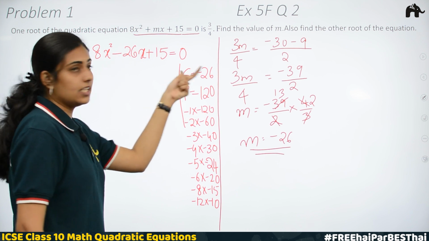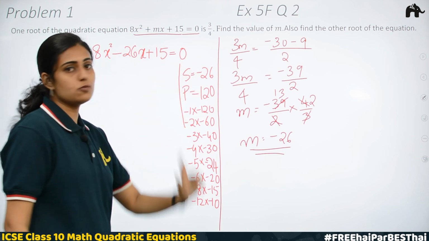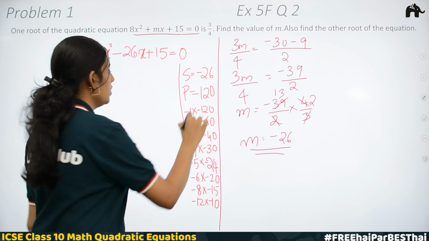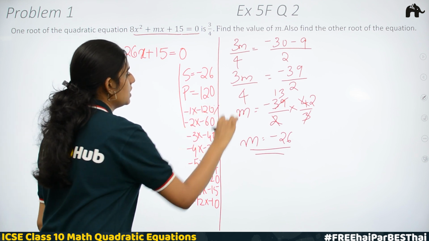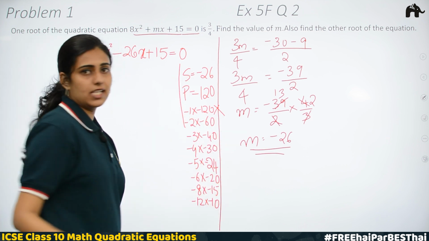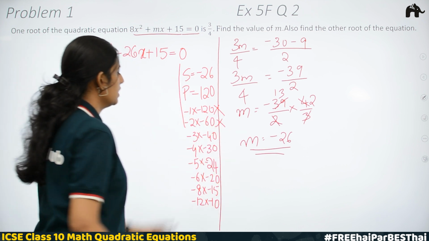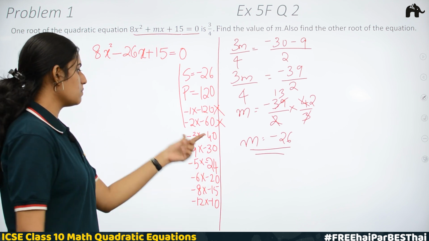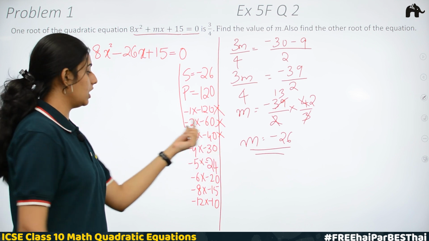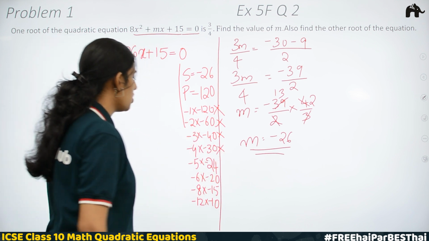Now check the second condition, that is sum should be equal to minus 26. Minus 1 and minus 120, we don't get sum is equal to minus 26. Minus 2 minus 60, not possible. Minus 3 minus 40, that is minus 43, not possible. Minus 4 and minus 30, minus 34, not possible.